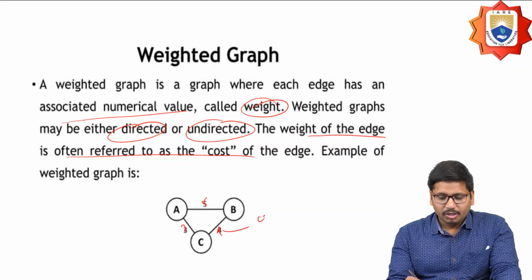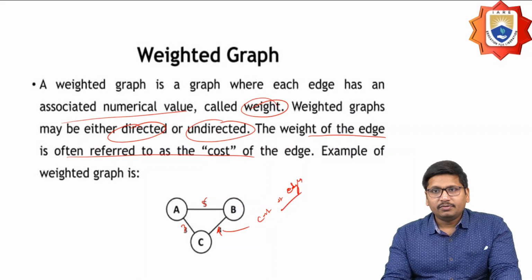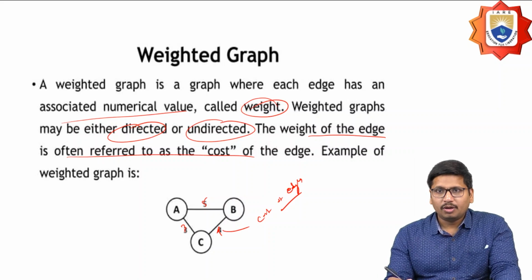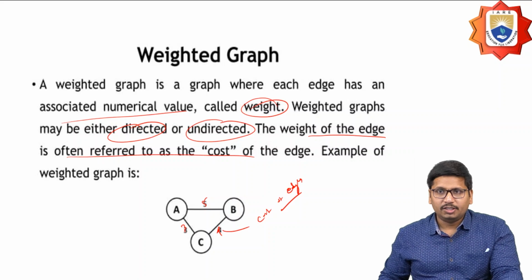These will be considered the cost of the edge. So in weighted graphs, every edge is associated with a numerical value called weight, and the weighted graph may be directed or undirected, and the value associated with each edge is considered the cost of the edge.